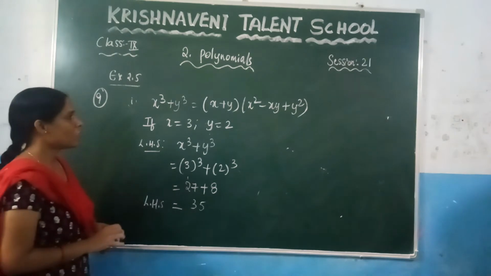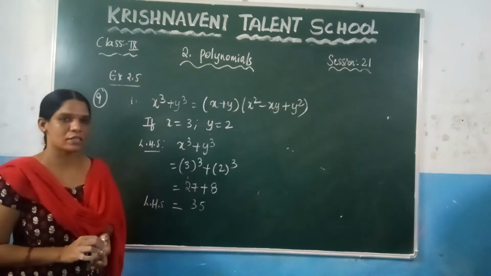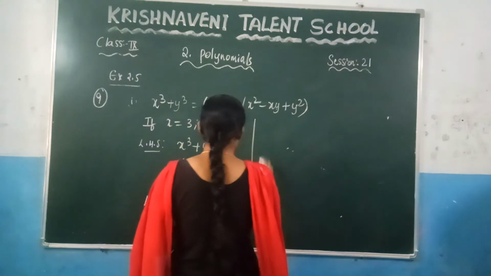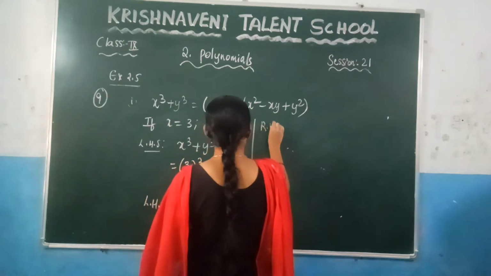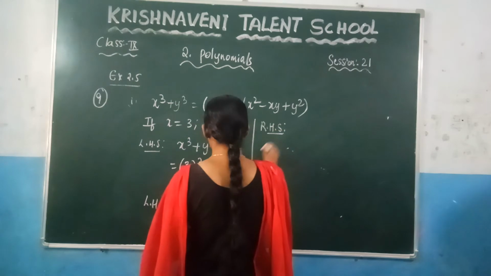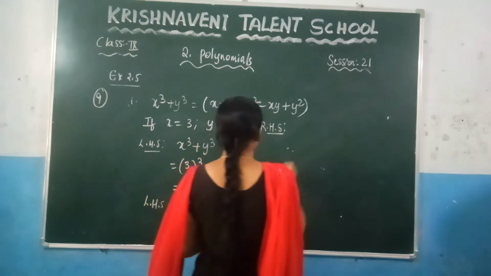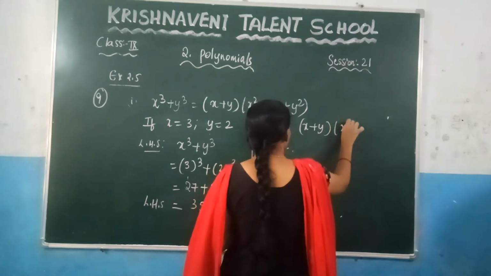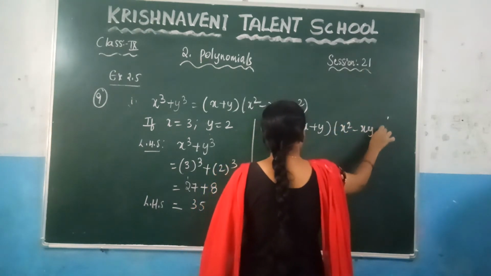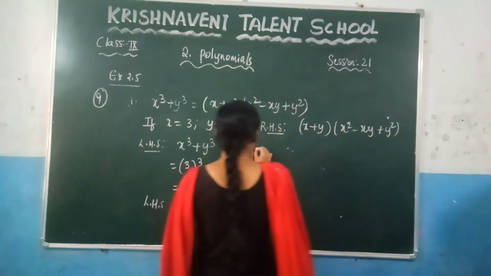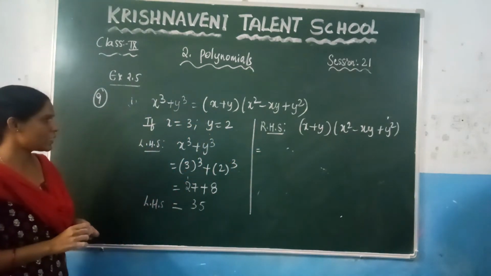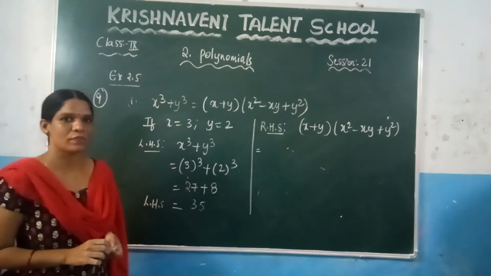You need to check whether you are getting the RHS also as 35 or not. Now take the RHS, which is x plus y into x square minus xy plus y square. Just substitute the values of x and y here. What is the value of x? It is 3, and the value of y is 2.